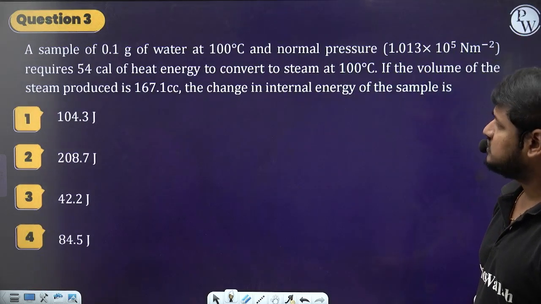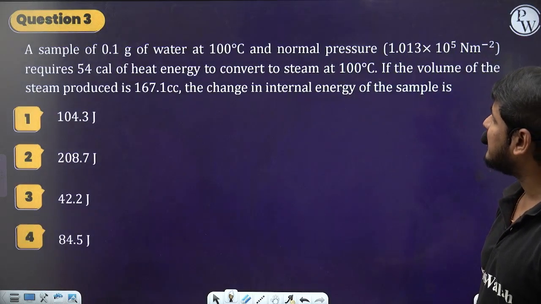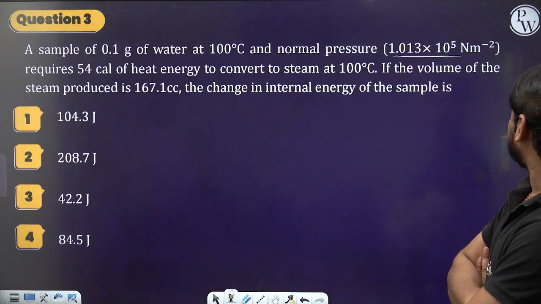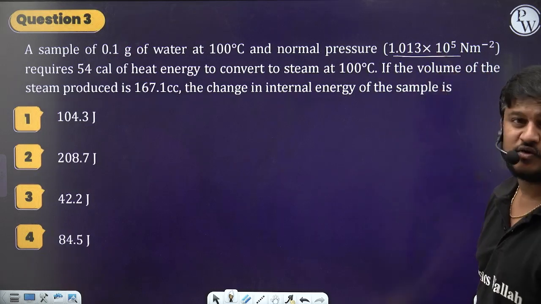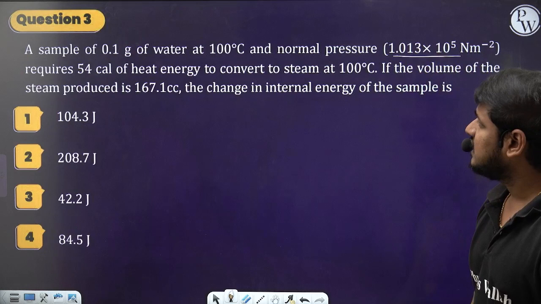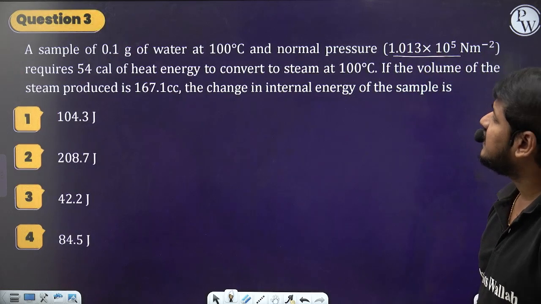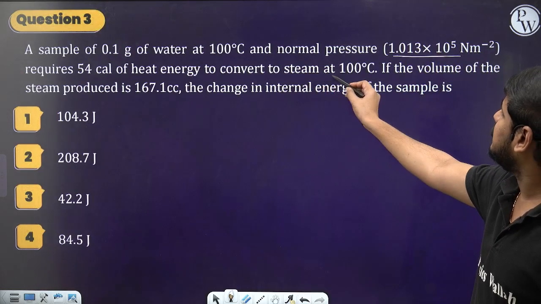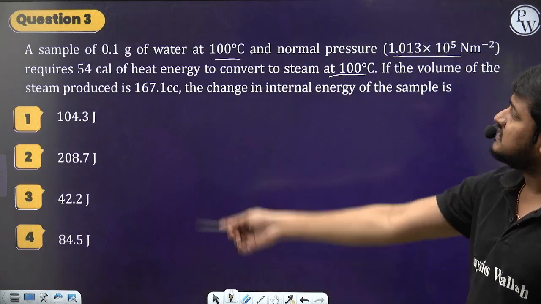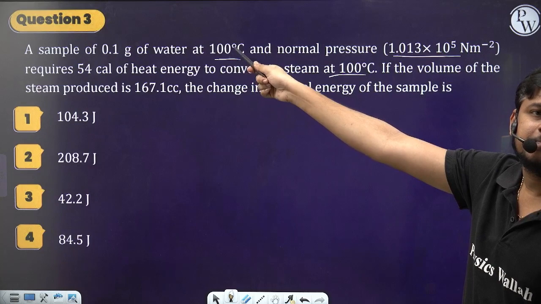A sample of 0.1 gram of water at 100 degrees and normal pressure, 1.013 into 10 to the power 5, so you can consider it as 10 to the power 5 Newton per meter square, or 10 to the power 5 pascals, requires 54 calorie of heat energy to convert to steam at 100 degrees centigrade. See here, again the temperature is constant, but the sample is not an ideal gas.